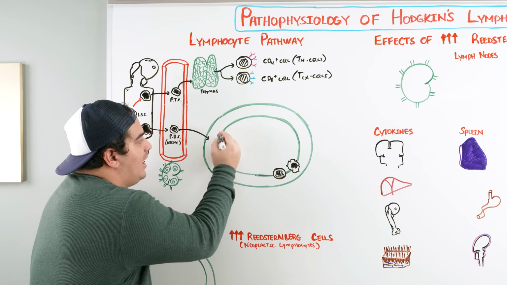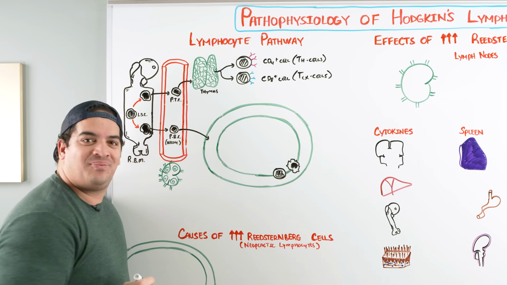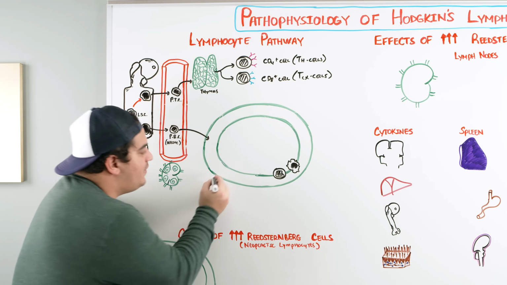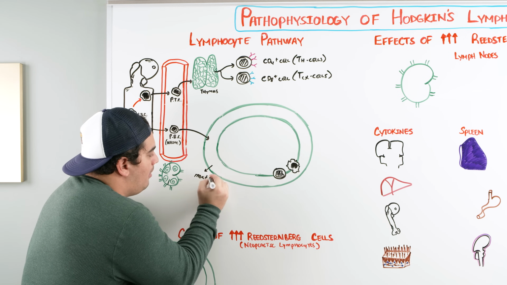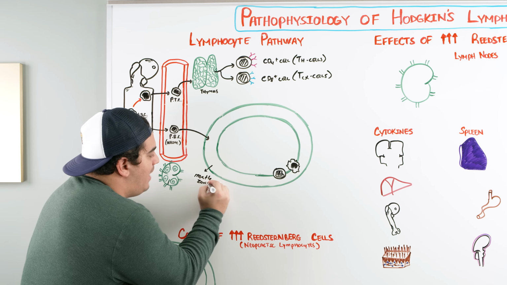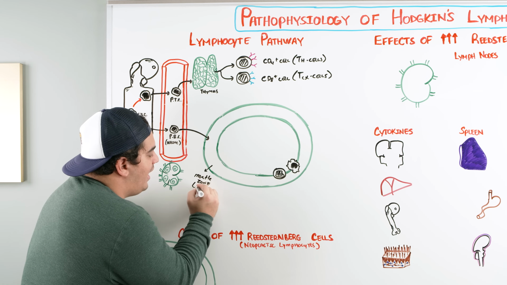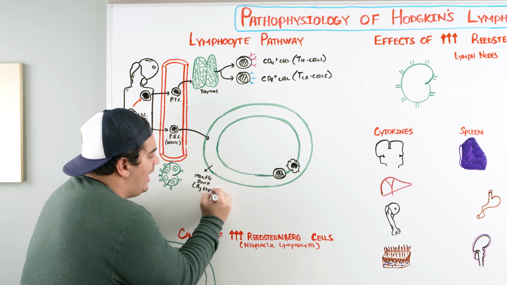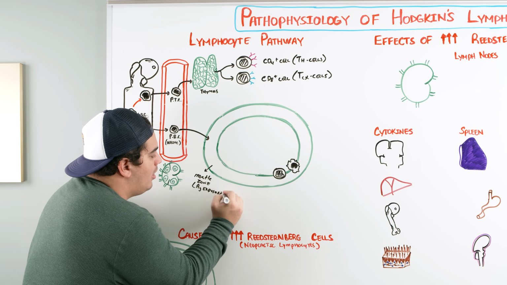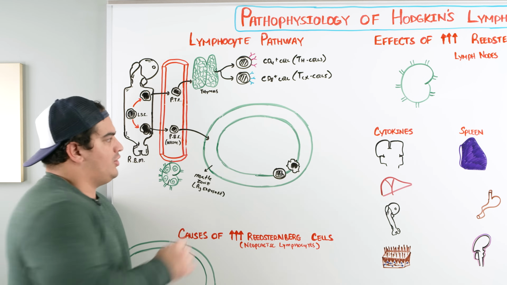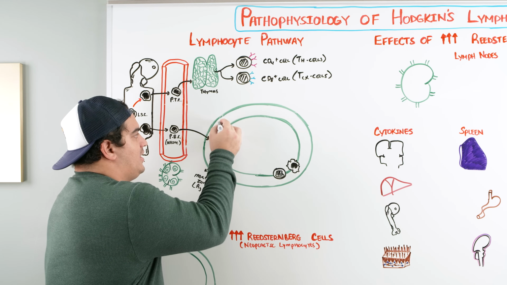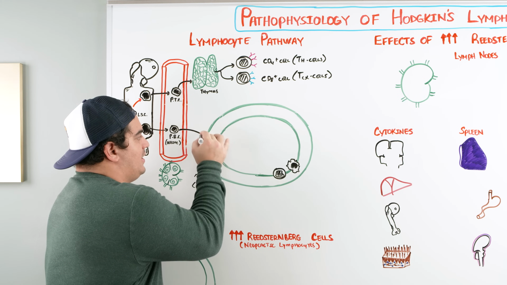It goes to the lymph node and moves into this area here called the mantle zone. The mantle zone is the zone of antigen exposure. It could also occur in the blood, but we're going to say that this is the area of antigen exposure for simplicity's sake.